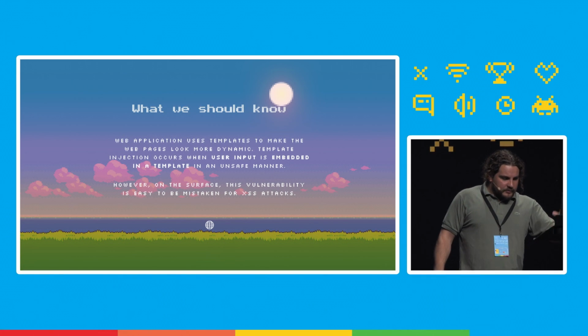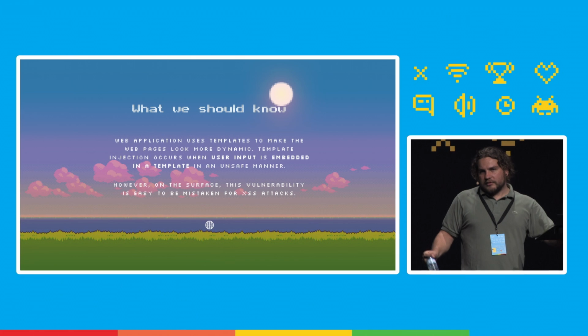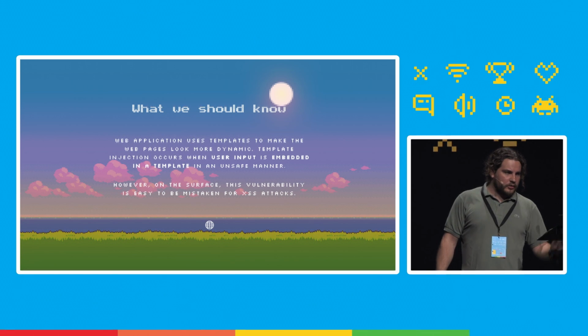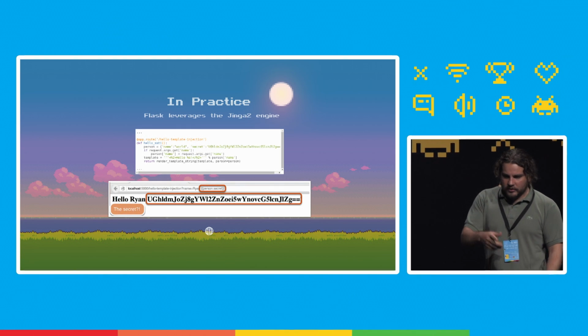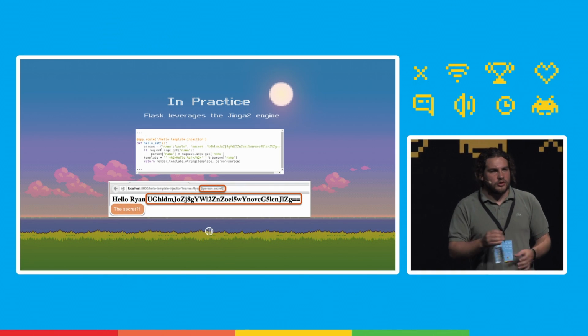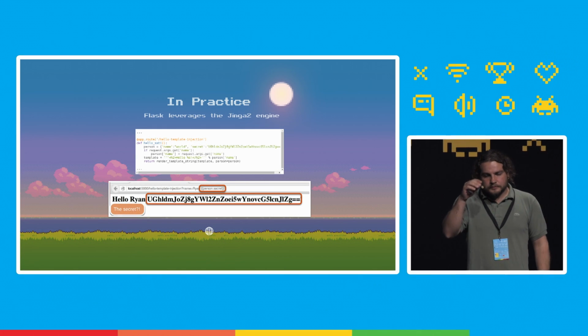And most of the time, people thought when they found this, they found XSS, but that's not the real case. So a practical example. In this example, it was true in Flask that used Jinja2 as a template engine.